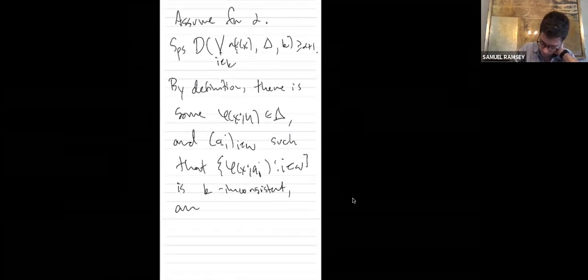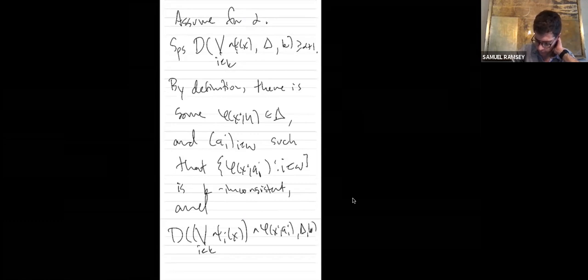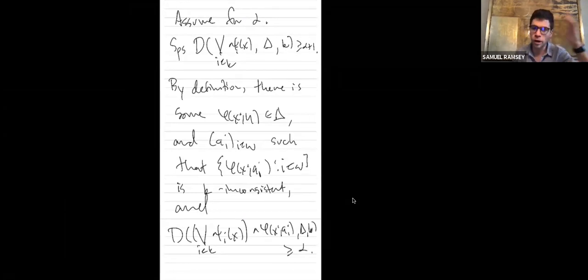And D of the disjunction of these things together with phi x ai has rank at least alpha. Before I wrote union, but when it's a formula, it's more appropriate to write conjunction.